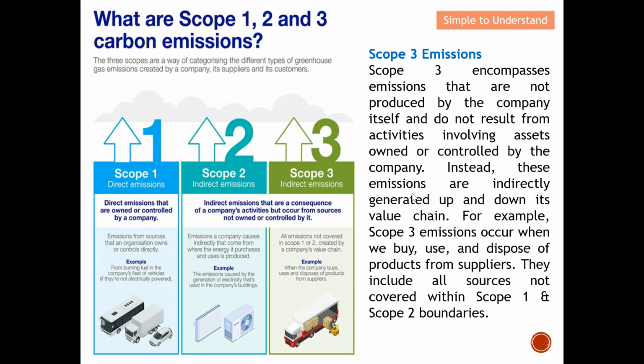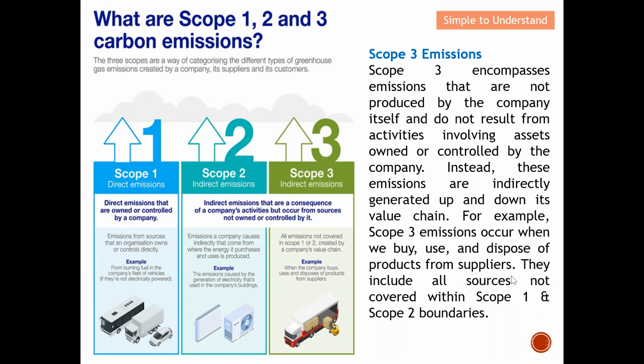Instead, these emissions are indirectly generated up and down the value chain. For example, scope 3 emissions occur when we buy, use, and dispose of products from suppliers. We need to buy raw materials from the supplier, we use them, and after that, we probably have some form of disposal of those products. Therefore, all this falls under scope 3 emissions.